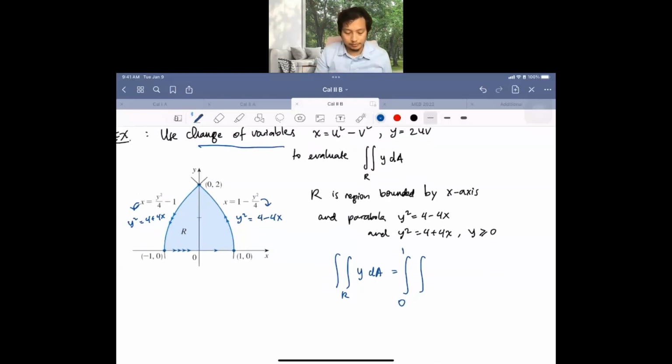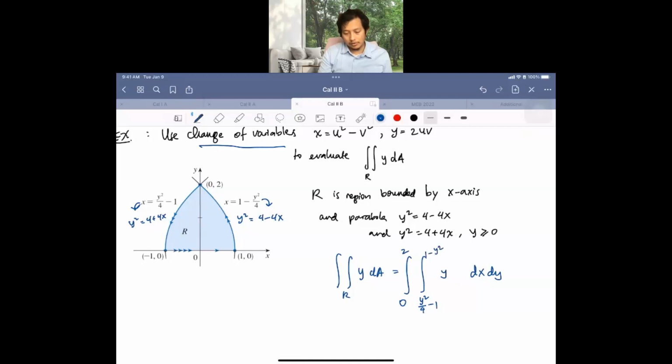The x is from maybe 0 to 2. Let's say this is y. So dx dy, x starts from y squared over 4 minus 1 until 1 minus y squared over 4. We could try to solve this.